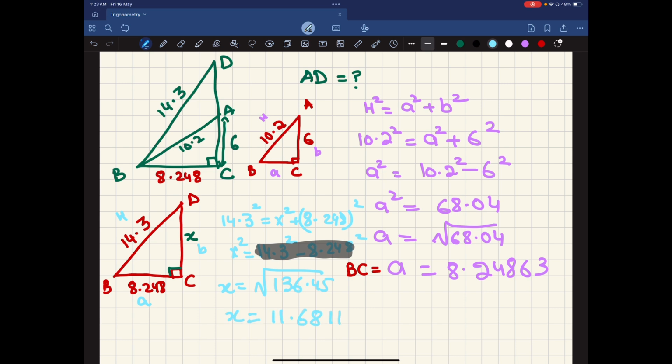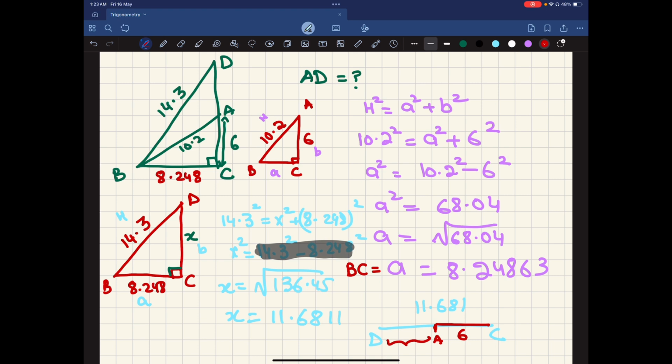11.6811. Now the question asks us to find the value of AD, and we have calculated the value of DC, right? So we have the value of DC. DC is 11.681, and we know that AC is 6 centimeters, and we need to find the value of DA.